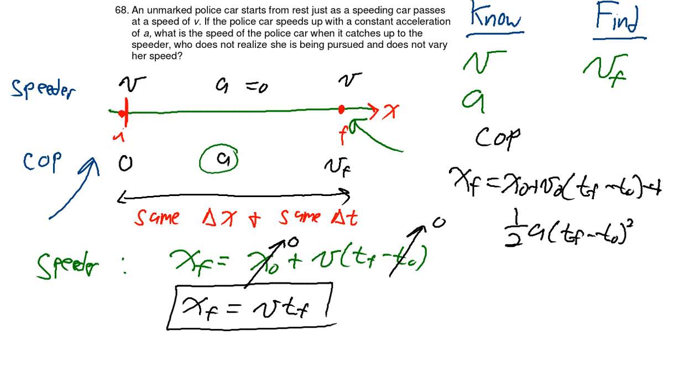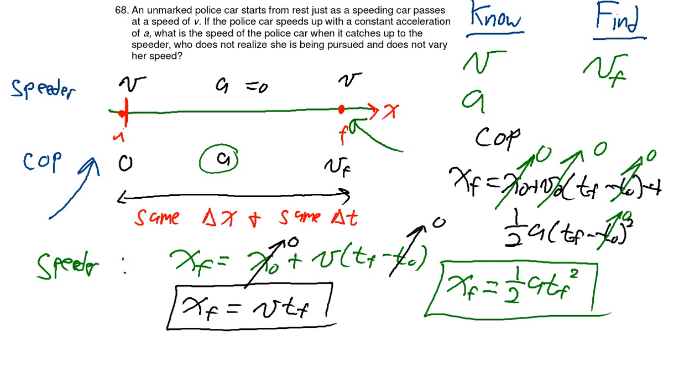And again, let me cross out the terms that equal 0. So the initial position of the cop is 0, the initial velocity is 0, and the initial time is 0. So that's going to give us that xf is equal to 1/2 a times tf squared.